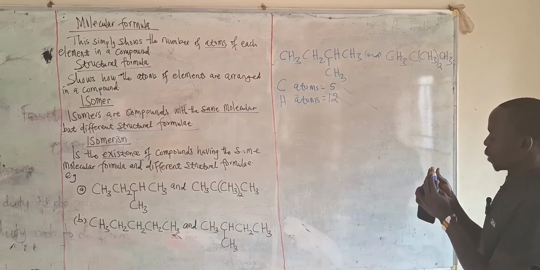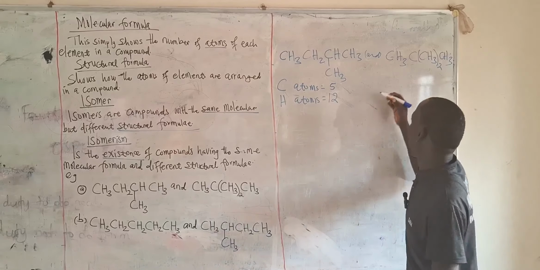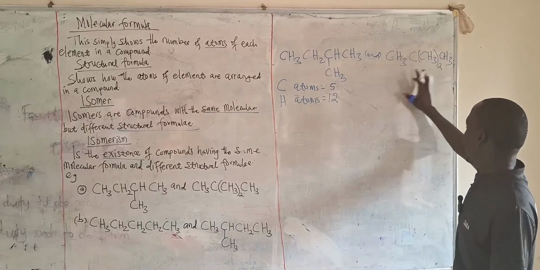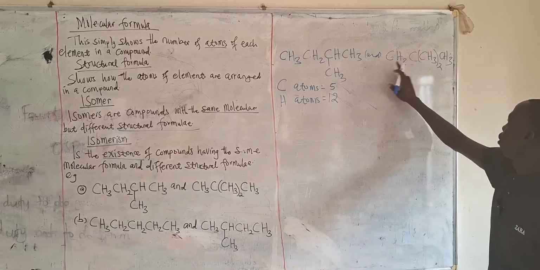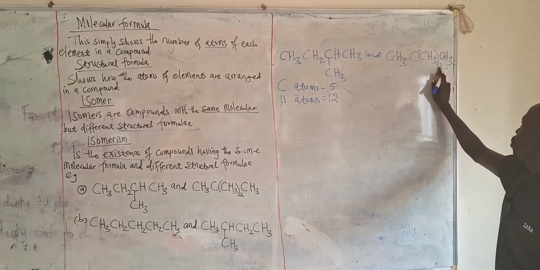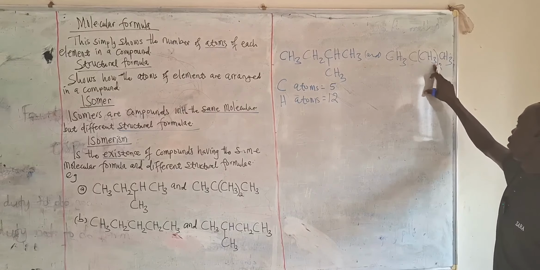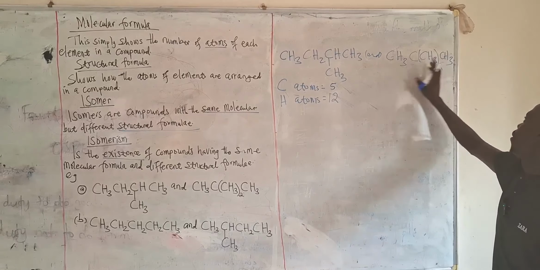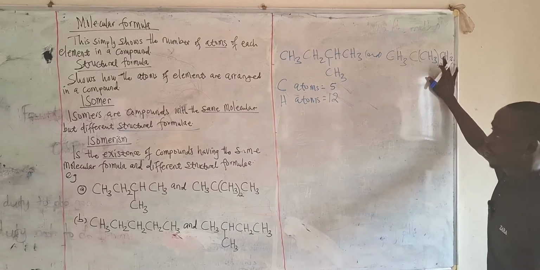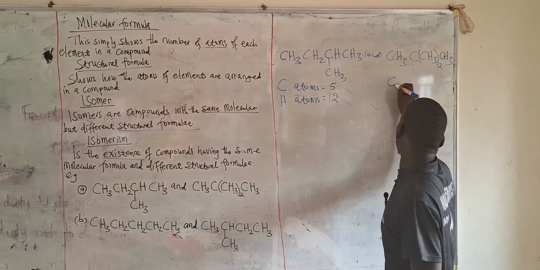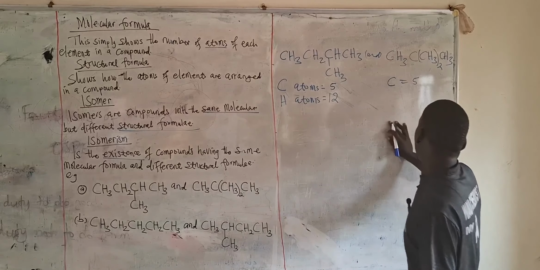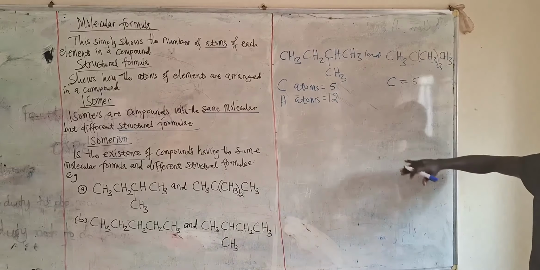So let's see how they are isomers. Here also, let's count the number of carbon atoms. We shall have 1, 2, then 2 times this one carbon atom inside, we shall have 2 carbon atoms. So plus these 2 we have 4, plus 1 outside we have 5. So the carbon atoms this side also are 5. Then let's look at the number of hydrogen atoms.